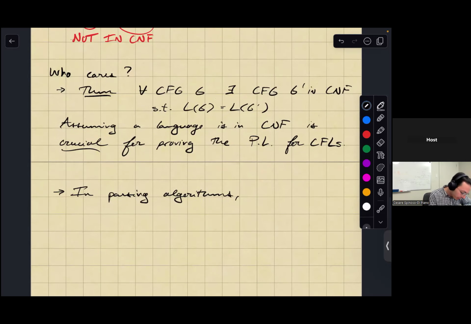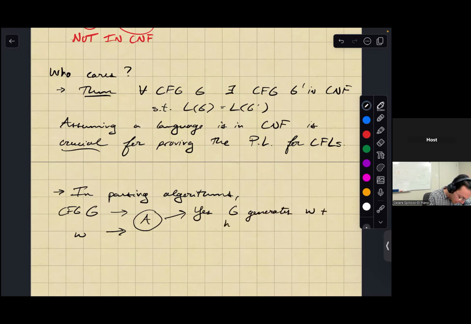A parsing algorithm would be something like an algorithm where you give the algorithm a grammar G, let's assume it's a context-free grammar, and a string W. And then the parsing algorithm A is supposed to say, yes, G generates W, plus here is the parse tree, right? Here's the way to derive W. That's why it's a parsing algorithm.